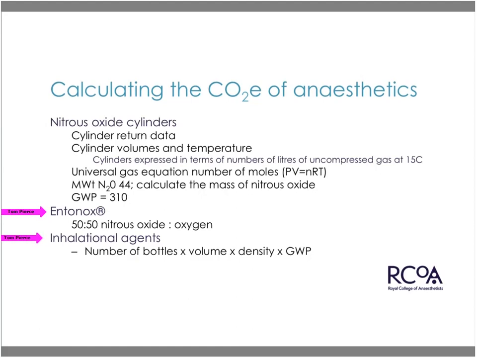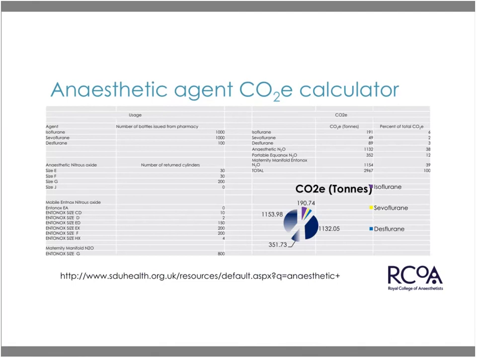But talking about the inhalational agents, the job is much simpler. We just need to know the number of bottles, the volume of each bottle, the density of each liquid, and the global warming potential. I put this together as an anaesthetic agent CO2e calculator, and it's available from the SDU website. I've illustrated 1 year's use at the University Hospital in Southampton.